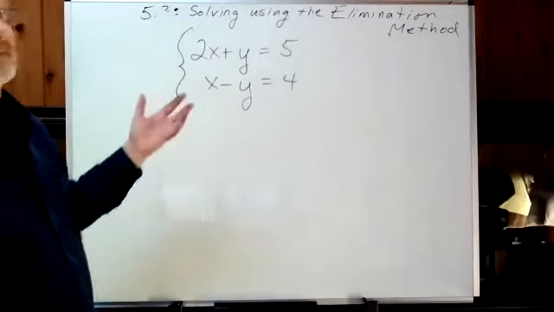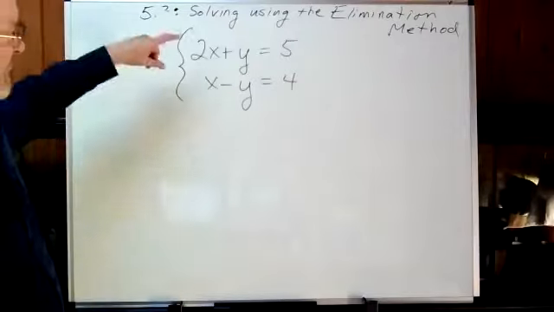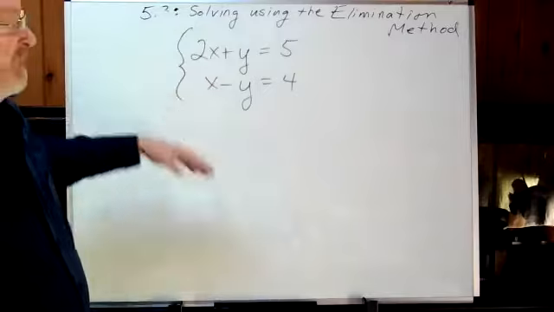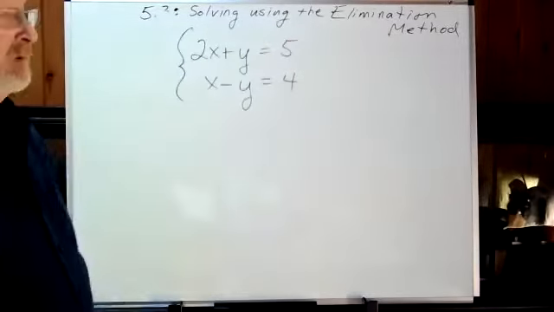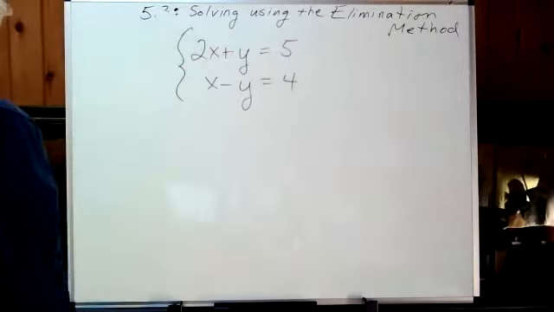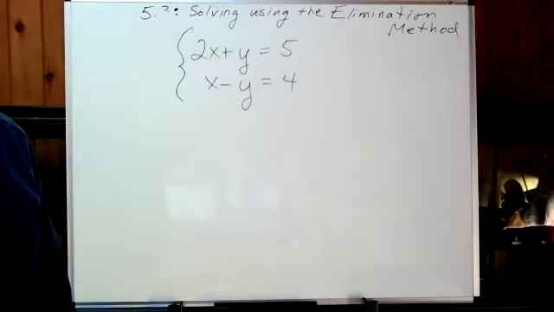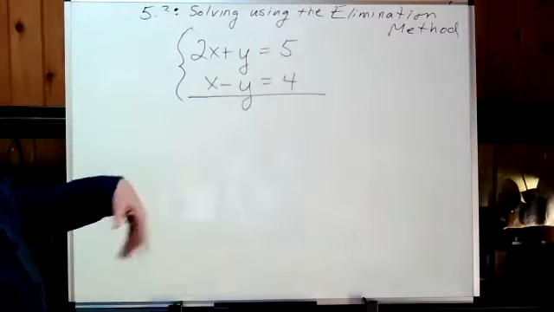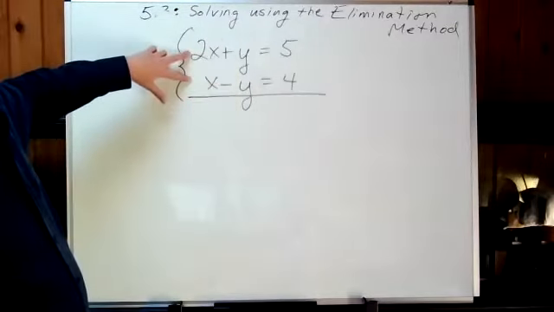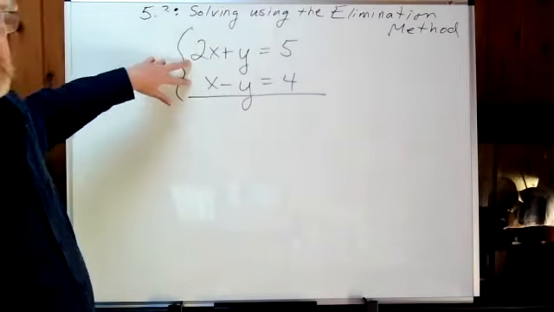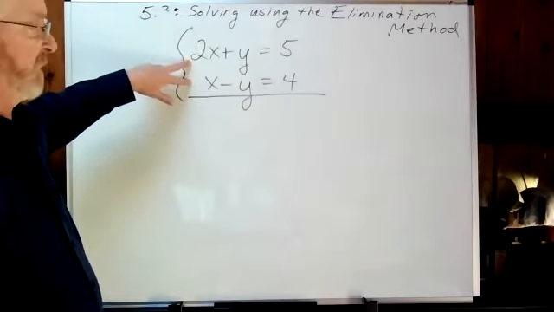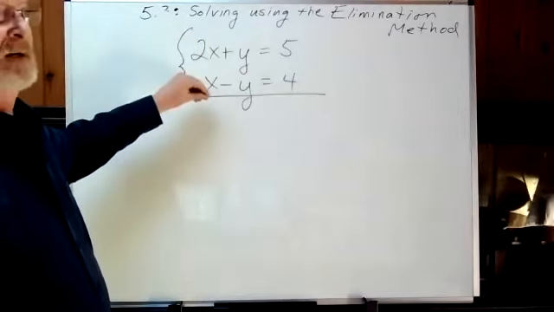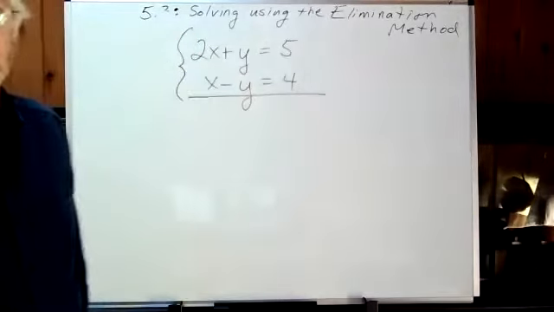Again, here's one that's ready to go, right? If I was to add those sides together, got to make sure I add those sides together. The y's are already set to cancel each other out. So the work will be to get the same size number on either the x's or the y's. We'll practice that more in a minute. And once we get to that point, now we're ready to add the two equations together, and that will eliminate one of the variables.